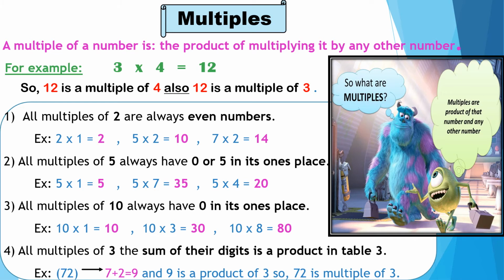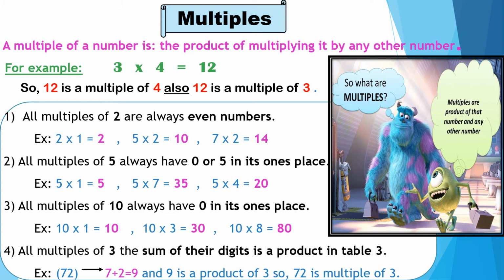What do you notice for all the products here? We have 5, 35, 20. They are the products, and we will find that in the ones place we have 5 or 0 only. So any number multiplied by 5 will give me a product which has 0 or 5 in its ones place.